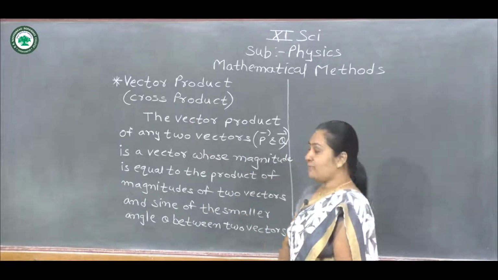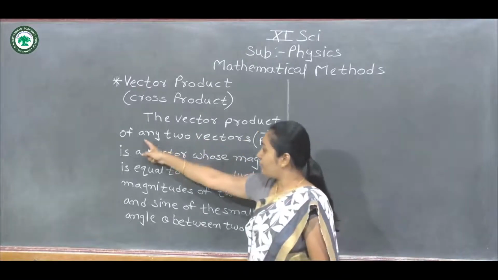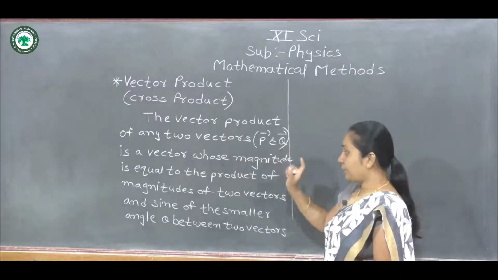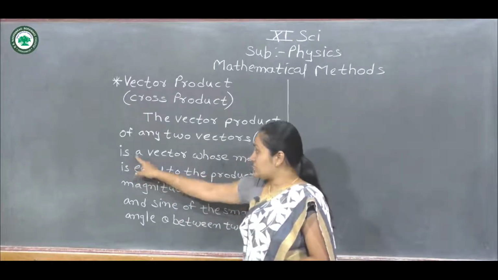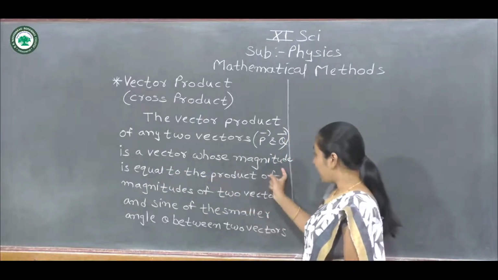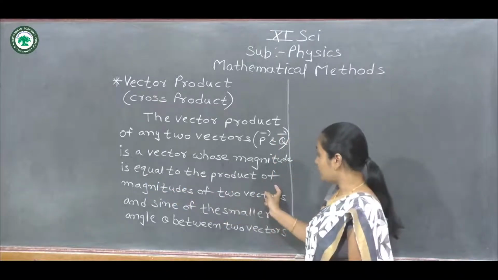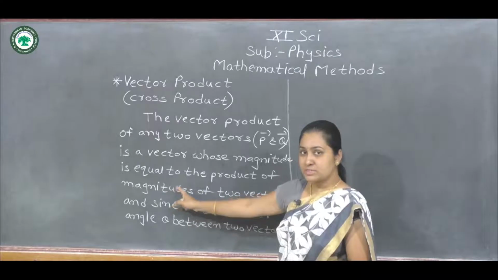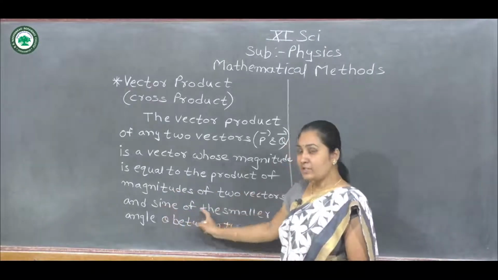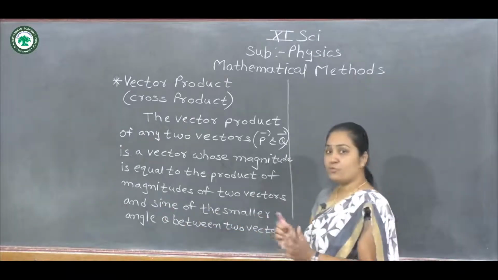So again we will revise the definition. The vector product of any two vectors p bar and q bar is a vector quantity whose magnitude is equal to the product of magnitudes of the two vectors and sine of the smaller angle theta between the two vectors.